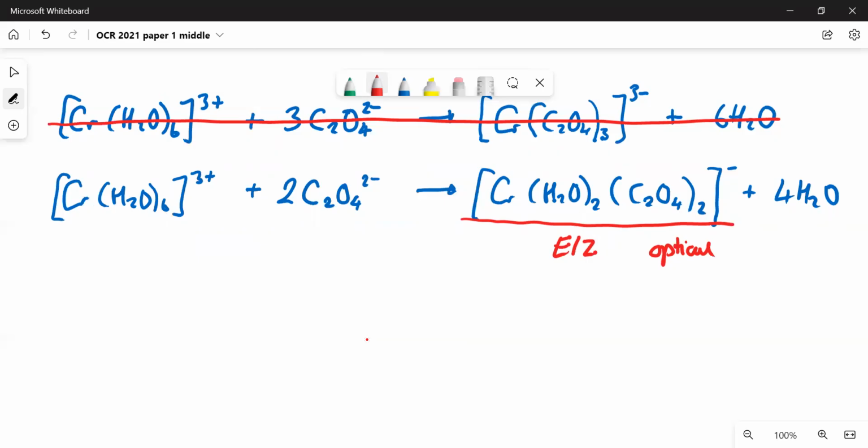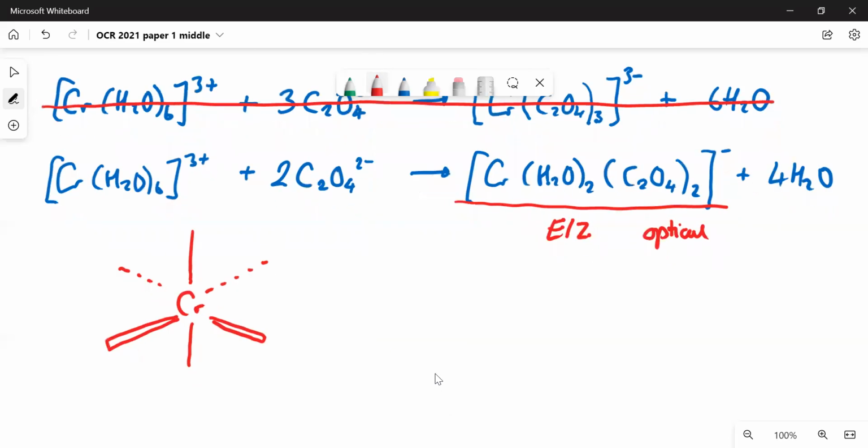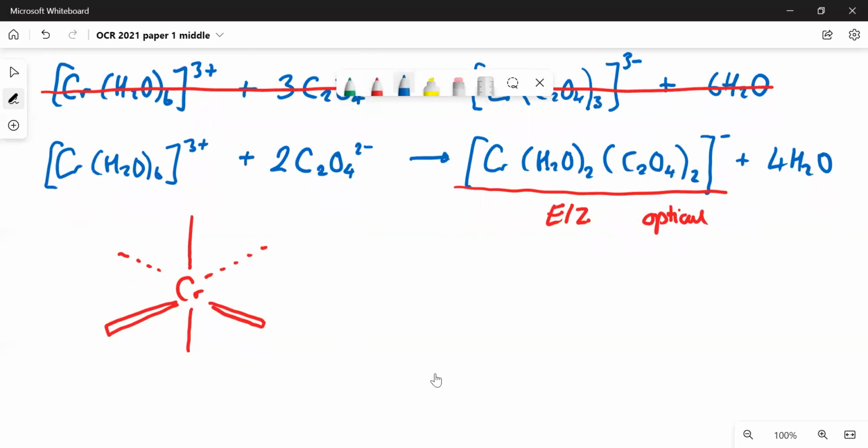Right, let's draw our chromium here. We've got 2 ligands going back into the plane of the paper, 2 coming out, there's wedges, and we've got 1 up and 1 down. So we've got an octahedral arrangement of the 6 bonds there. Okay, so let's see what could happen there. Well, we could have a possibility where we've got the 2 water ligands which are opposite each other.